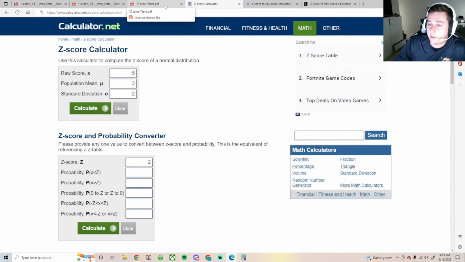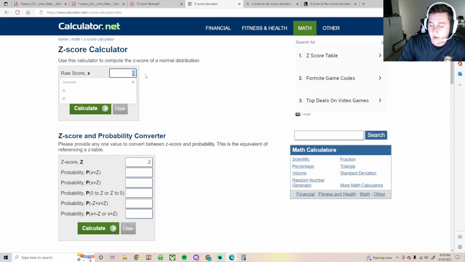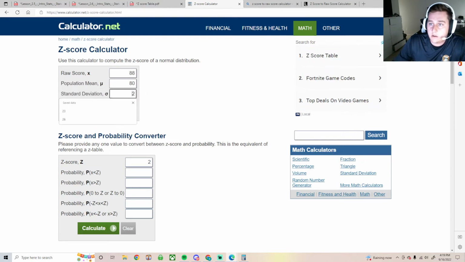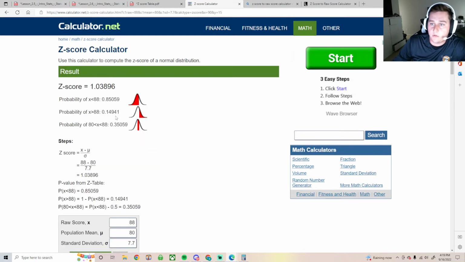fluency with the procedure. Another website I'll show you is this one here, calculator.net. This is the one I pulled up by accident looking for the other one just now, but this website will give you, based on any raw score, so I don't know, 88 miles an hour, a mean of 80, and a standard deviation of 7.7, it will calculate your z-score for you.